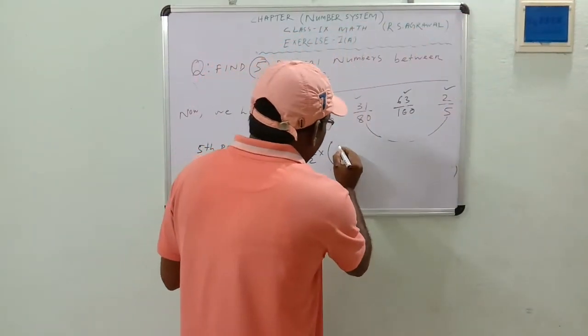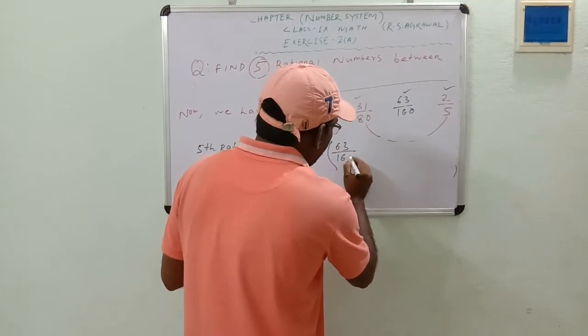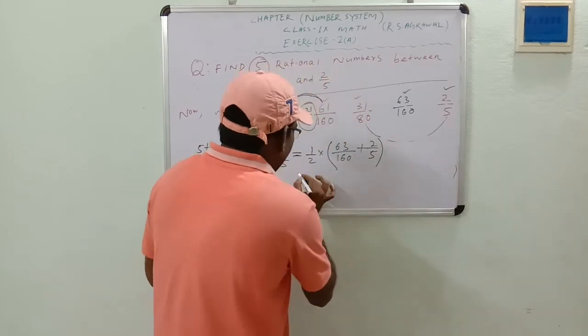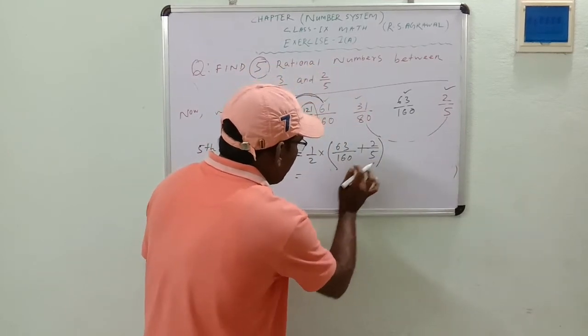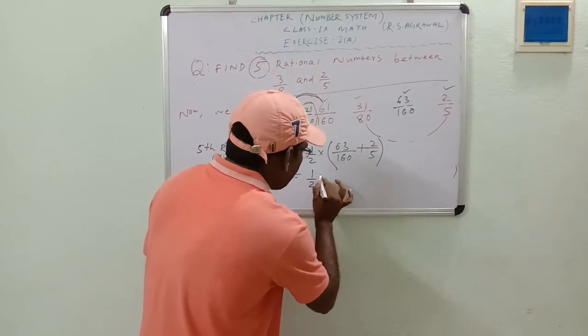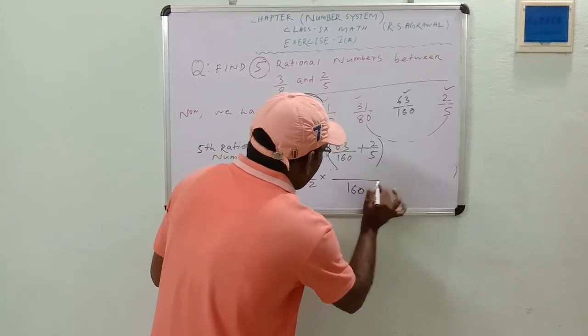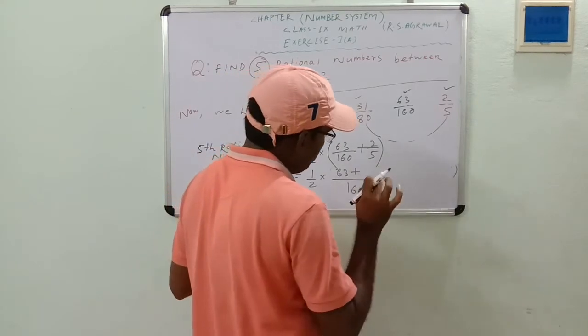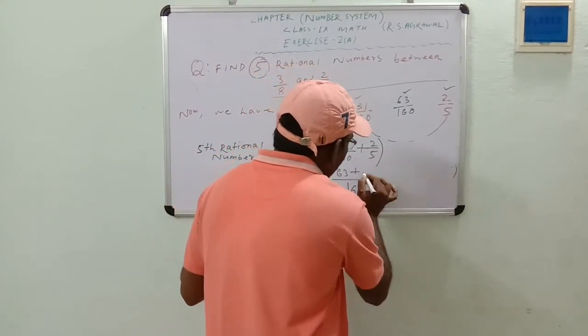So value of a will be taken as 63 by 160 plus value of b will be taken as 2 by 5. Take LCM to make the denominator same, that will be 160. 63 will remain same, plus 64.